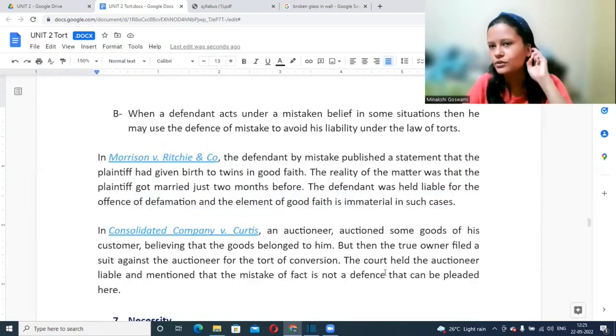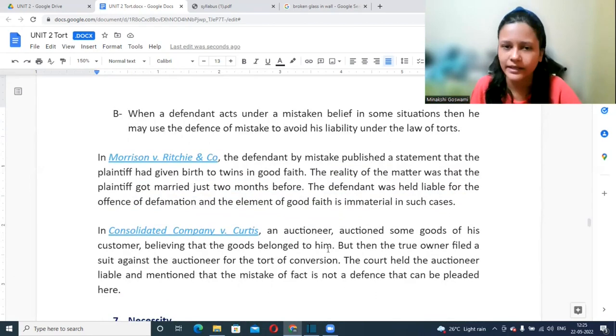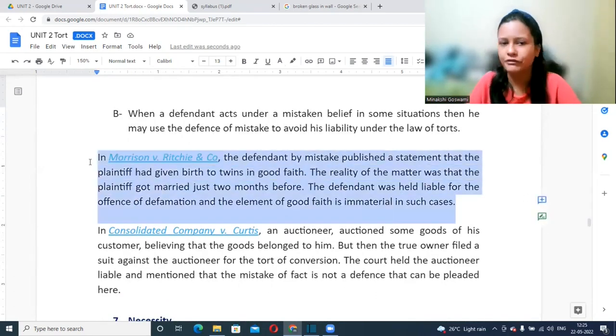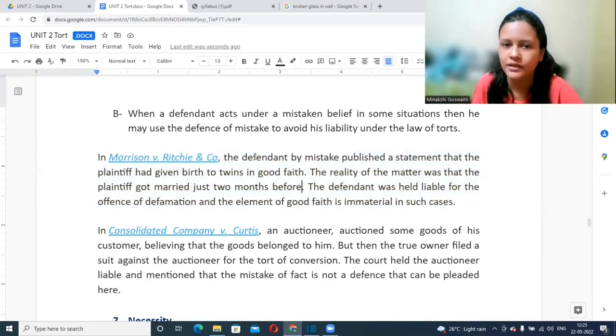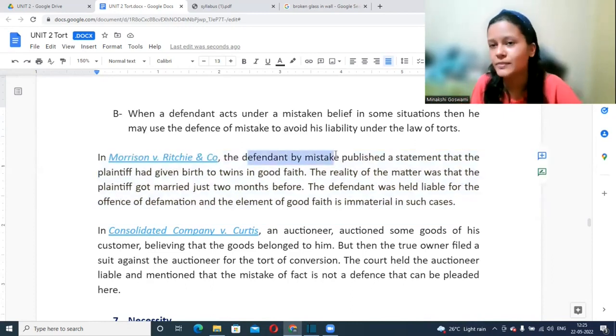So there were these two cases which we have. In the first one, it is relating to defamation. In the first one, what happened is the defendant by mistake published a statement. Again, here it is mistake of fact. By mistake published a statement that the plaintiff has given birth to twins, in good faith.